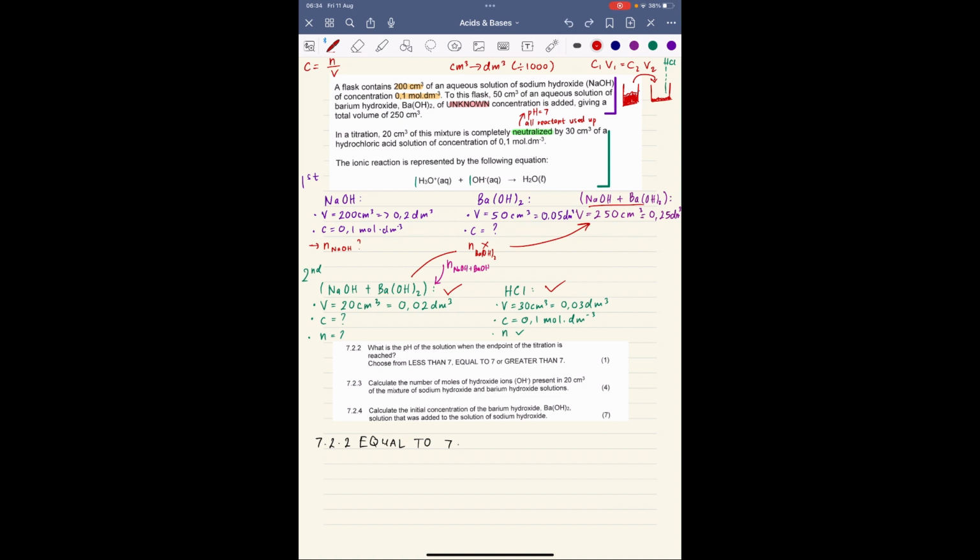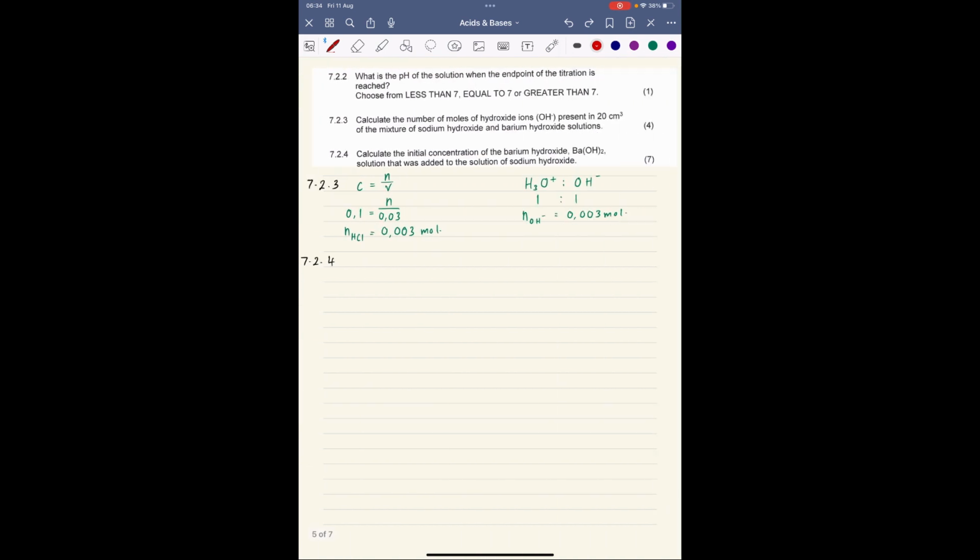So that's how we're going to progress. We know the amount of OH in this 20 centimeter cube, but we want to know the amount of OH in the 250 centimeter cube solution. So let's work our way up there.